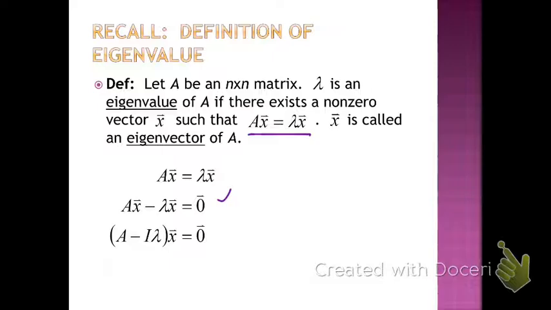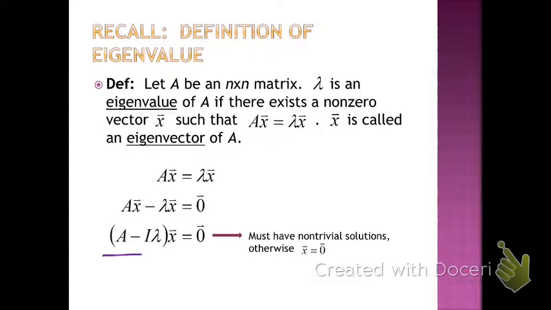And then, of course, we saw that if we take out this x that's in common, we must multiply I, the identity matrix, by our scalar lambda so that we can actually subtract these matrices, a matrix minus another matrix in the same form.